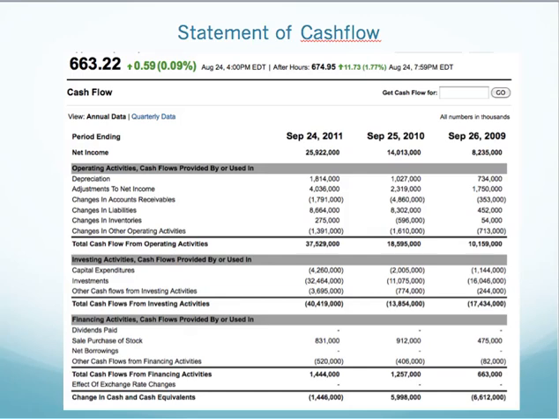So from looking at this, we can see that Apple Computers this past year has gained cash, or increased its cash, by $37.5 billion based on doing what they normally do, selling computers.